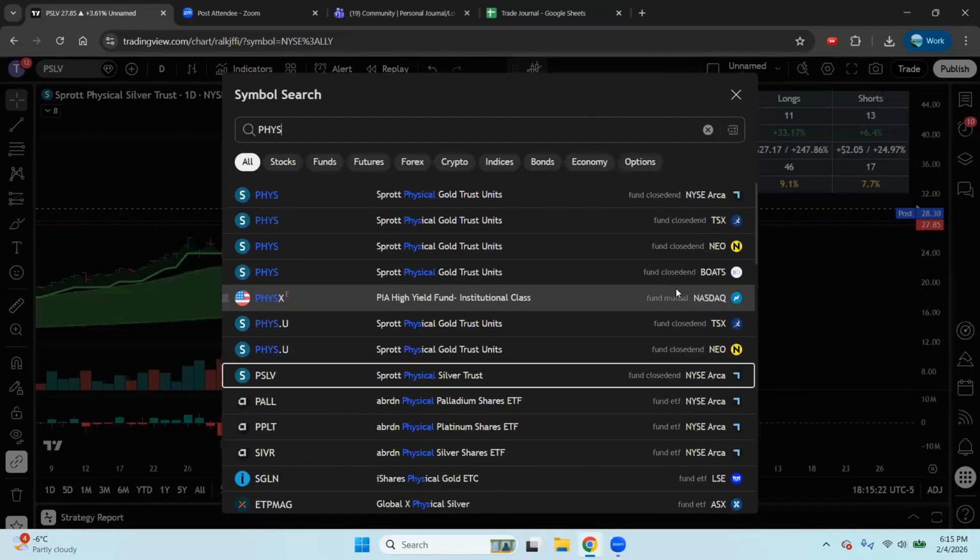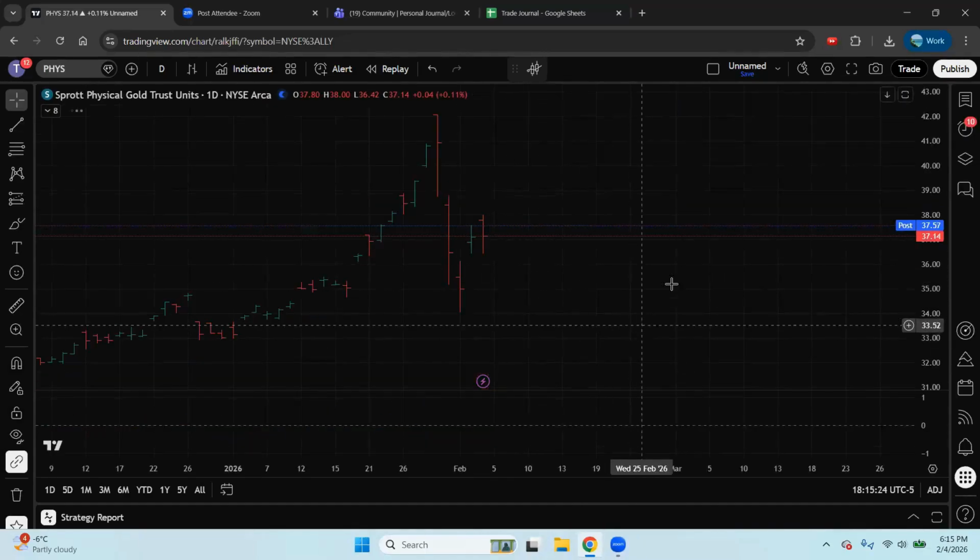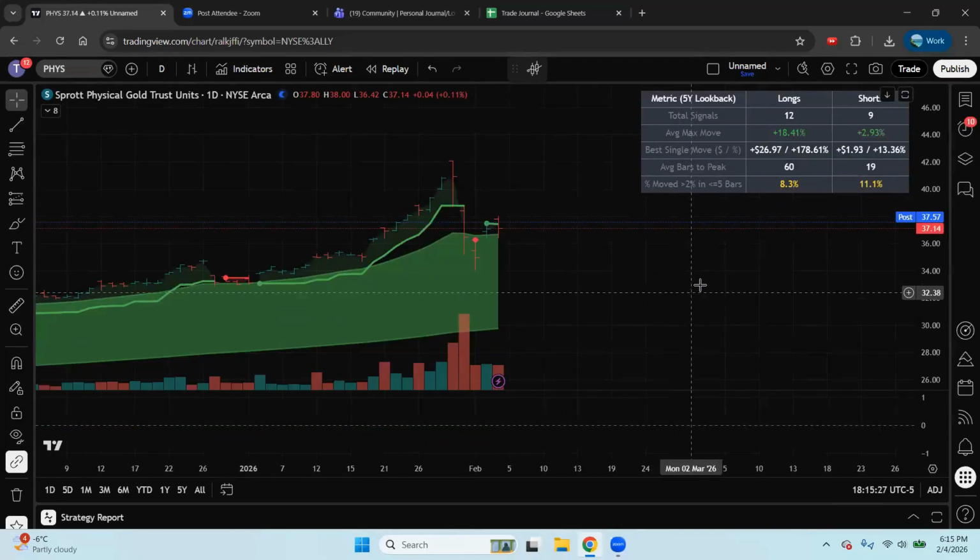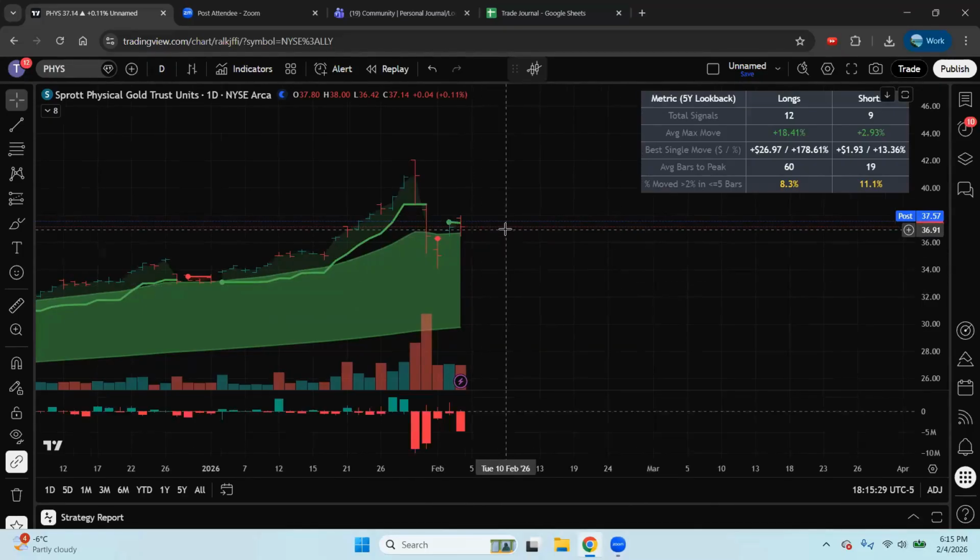On the gold side, there is the Sprott physical gold. Physical gold, from my reading in the current situation, doesn't seem to be as much of an issue as physical silver is. So in this case, GLD is probably fine. I don't have GLD, I have XGD, and I'm thinking about adding some PHYS or GLD.